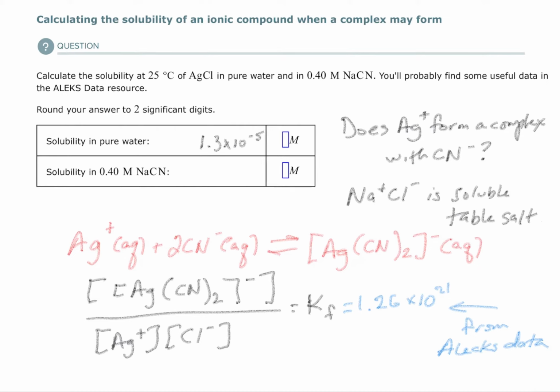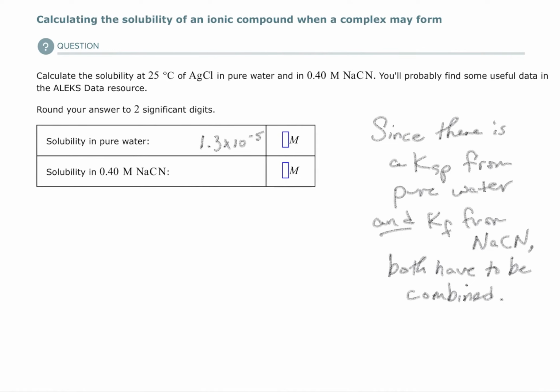So I've written out my new reaction: Ag plus 2 CN gives you this complex. And there is a K sub F, or a formation constant, from the Aleks data table also. So here is my new expression: the silver complex divided by silver ion also divided by the molarity of the cyanide ion.